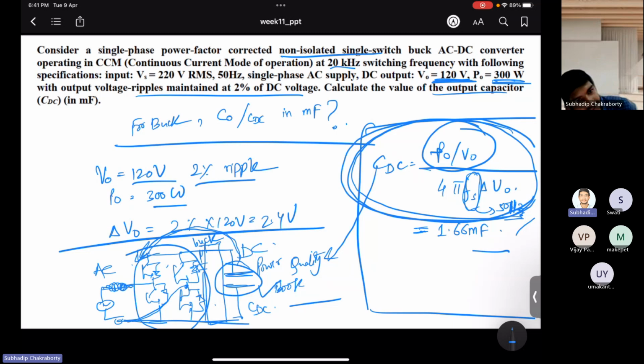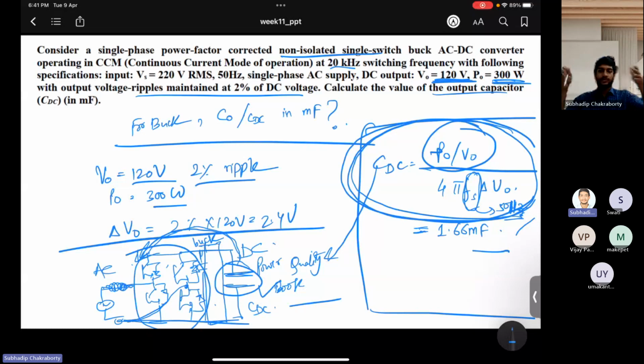Then, depending on the modulation index, your DC link voltage value can change. So if I frame the problem like that, then the DC link voltage needs to be considered. And then only you can find V0 as per the operating duty of this converter. But V0 was given here, that's why it became easy. You can just plug in the value using this formula for CDC.